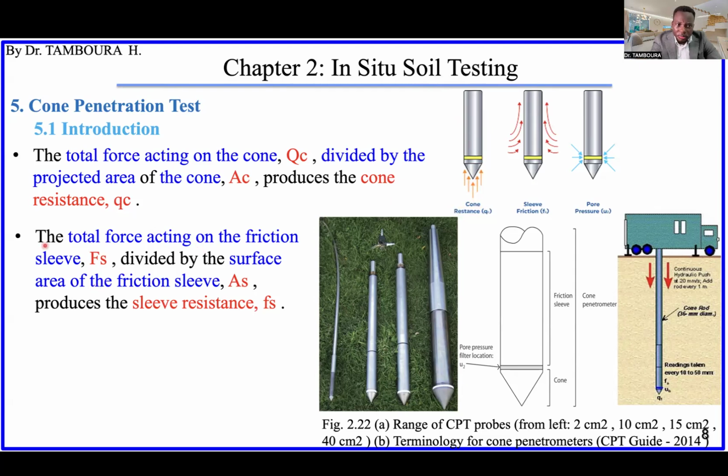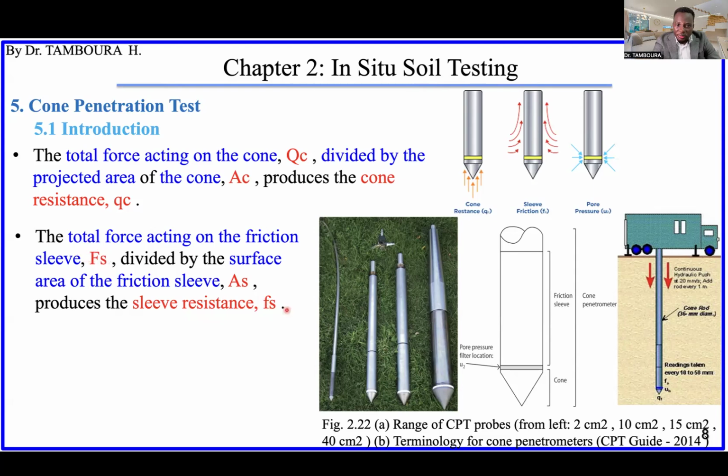Then if you go now for the friction sleeve, this part of the cone, the forces acting on the sleeve of this penetrometer, if we divide that force Fs by the surface area of the friction sleeve, all this body surface of the penetrometer, it will give us the sleeve resistance, fs.